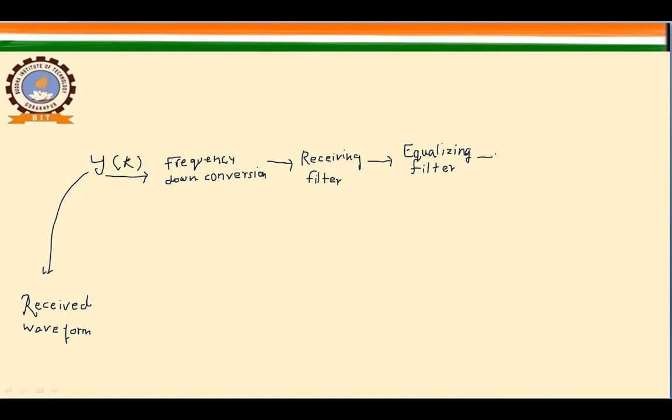So here is one switch, like this way, and here is one block where we put some threshold.